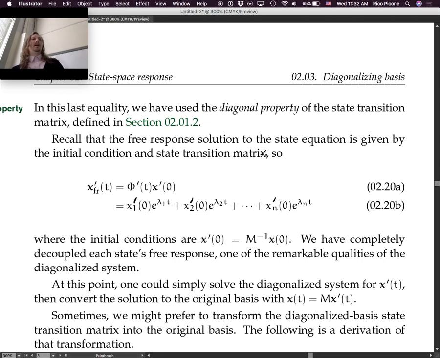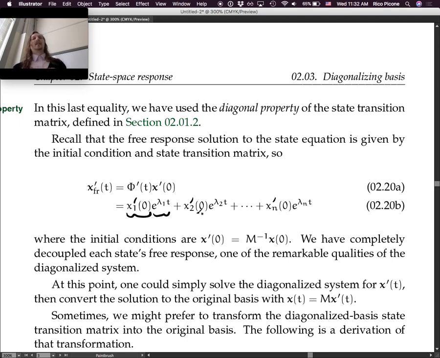But since I have a diagonal matrix multiplying a vector, each initial primed state multiplies e to the lambda 1 t, lambda 1 being the eigenvalue associated with what we would call mode 1 of the system, the first eigenvector.